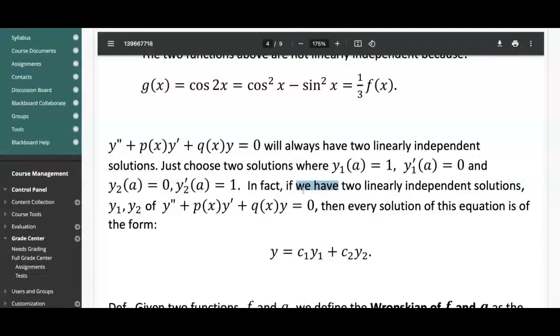So in fact, if we have two linearly independent solutions y1, y2 of such a second order associated homogeneous equation, then every solution of this equation is of this form, because of the linear independency.